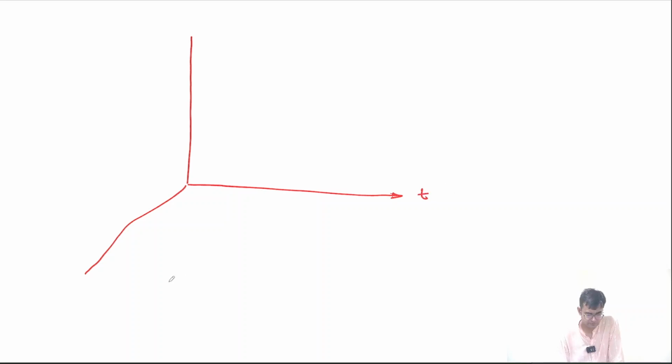This is my omega axis. And this is my x axis. Now if I draw a sample from this x(t, omega), how will it look like?